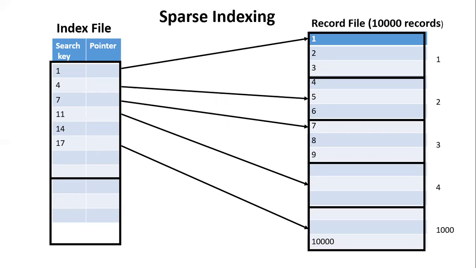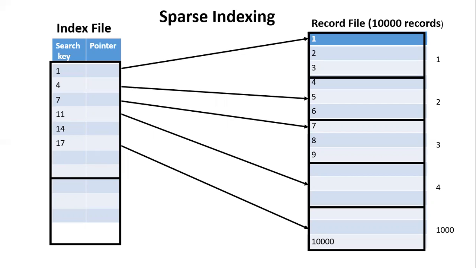Whenever we search for the record 2 here, first we will reach block 1 through the search key 1, because the record having entry 2 lies between 1 and 4.